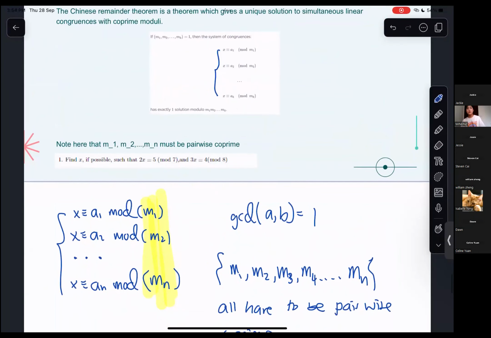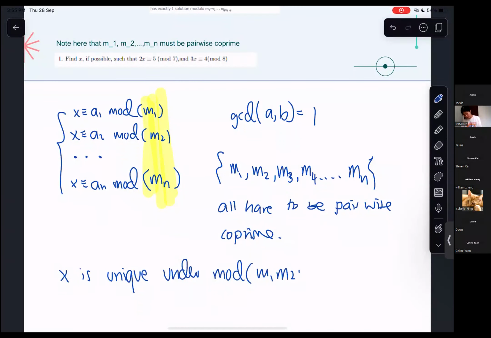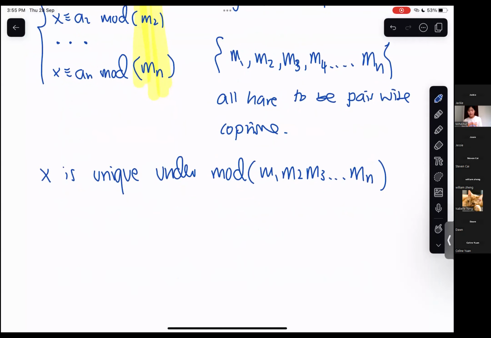So there's always going to be a solution for x, and this solution for x is unique under modulo m1 times m2 all the way until times mn. This just means that there's only one residue class, or you can think about it as one remainder, that satisfies x.